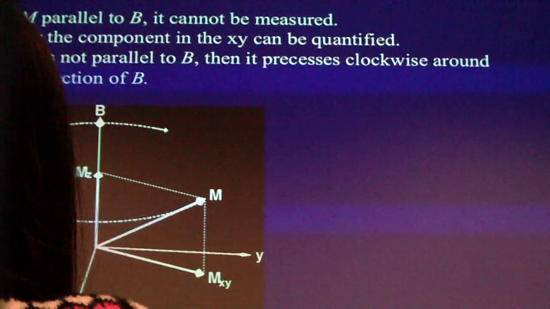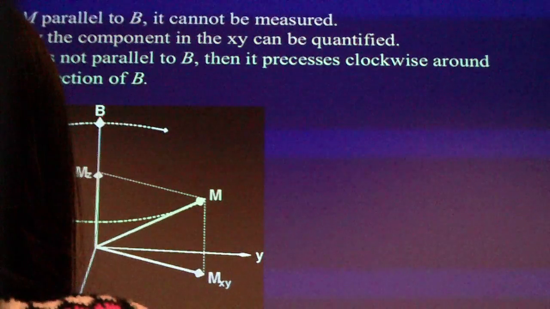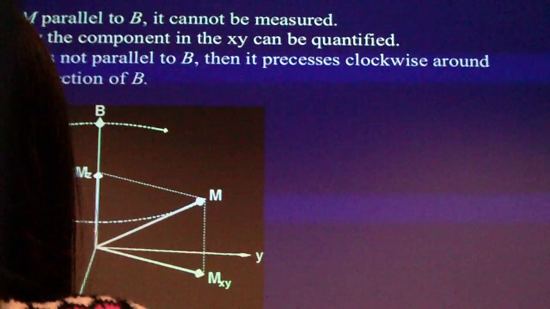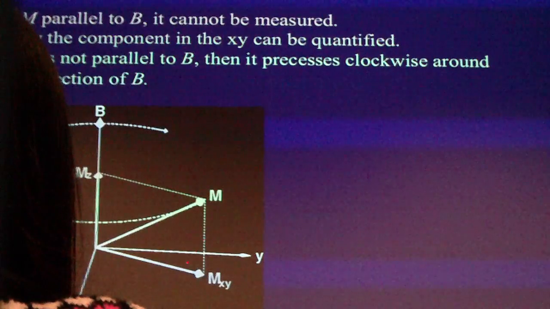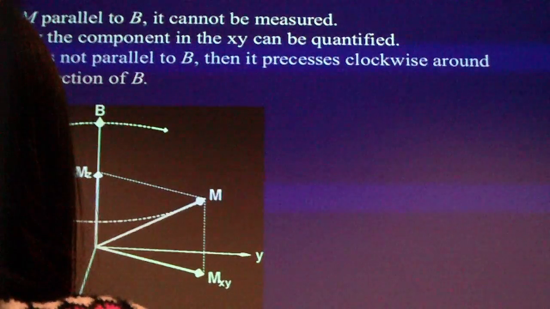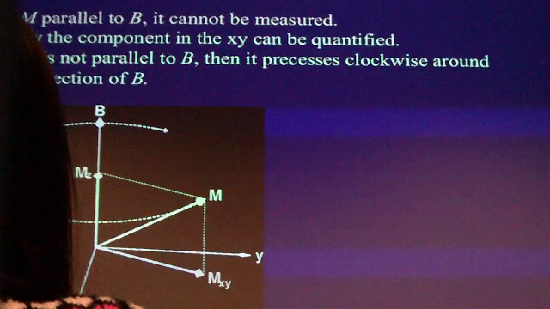So here is the direction, what we call the Z direction, the direction of the strong magnetic field, where we also have the net magnetization. And we want to take it out of this direction into a plane perpendicular to the main magnetic field, because there, if it's there, we can also measure small magnetization.